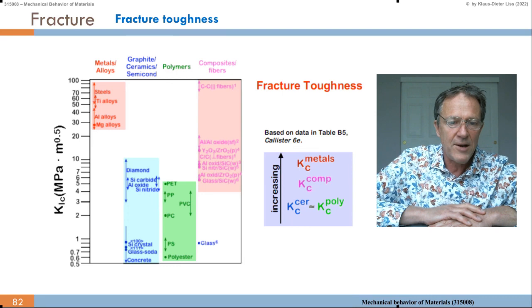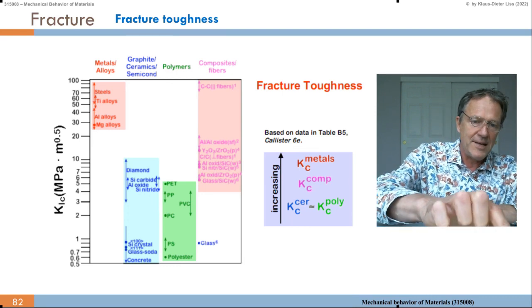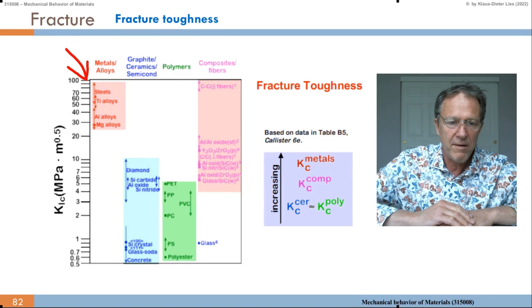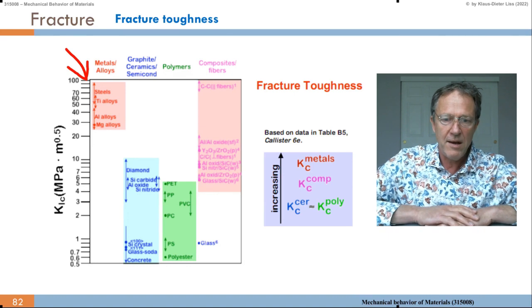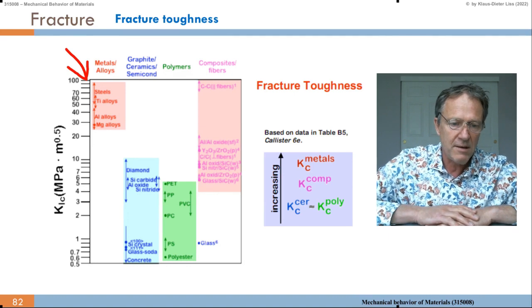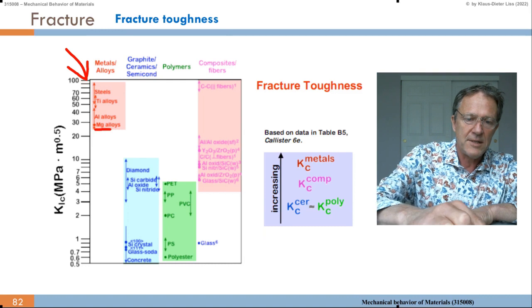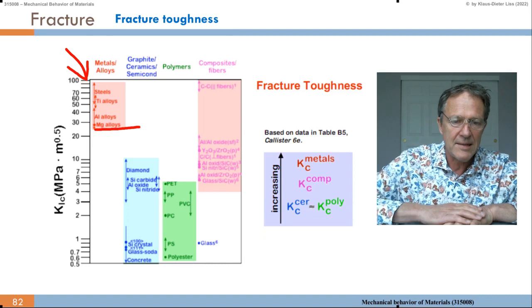Metals and alloys, as shown here to the left top, they have very high fracture toughness. So the K1C is, as I said already, can be higher than 100, can be 200, 300. Then we have the magnesium alloys at the lower end of the metals, aluminum and titanium alloys in between.